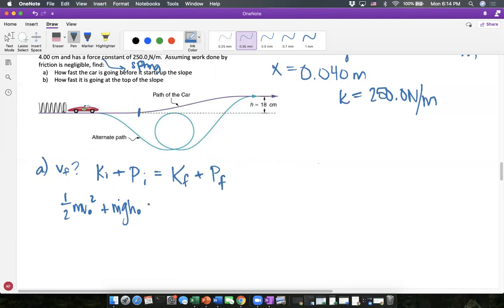Plus our potential energy of the spring. So this is our gravitational potential energy, and now we need our spring. So that's gonna be 1/2 kx naught squared, okay?